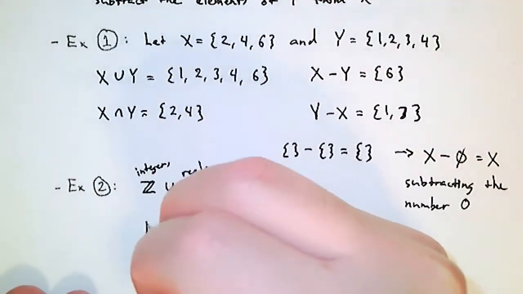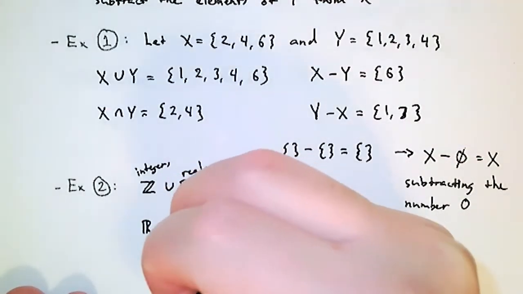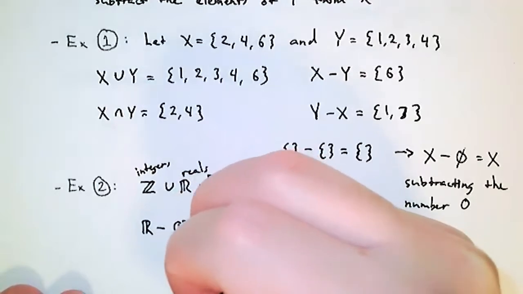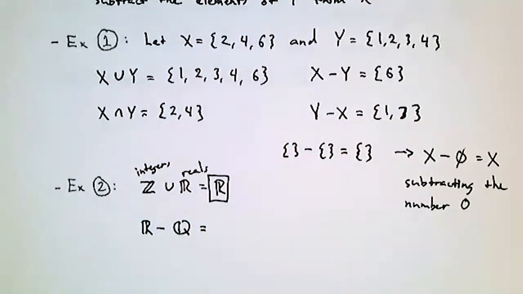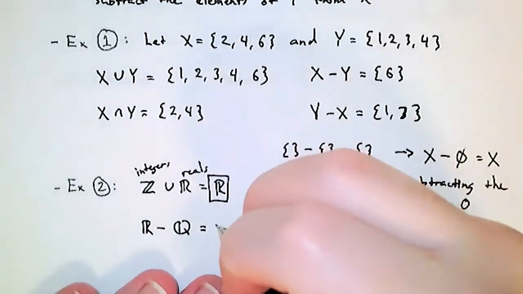What about the real numbers and then take away the rational numbers? Would you get 0?